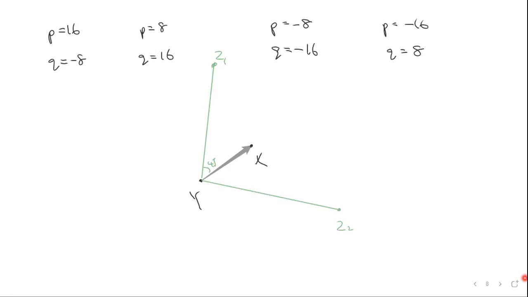But you could also have 135, as we said. So I'm just eyeballing it a bit, but 135 would be like around here and around here. So those would be your 135-degree triangles.